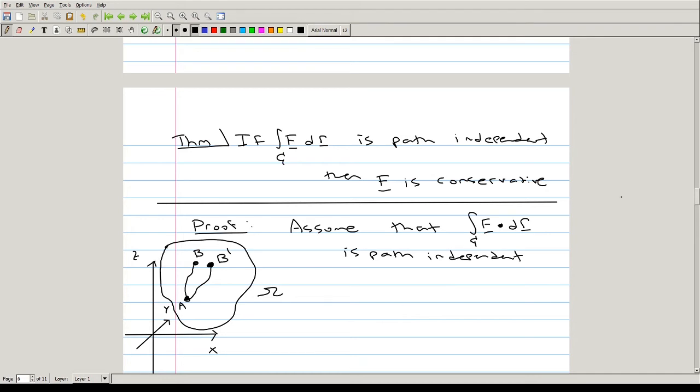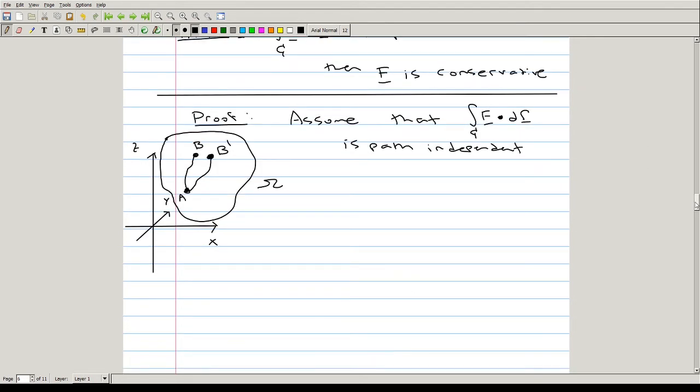And our goal now is to find some phi such that f can be expressed as the gradient of that phi. So this is our goal for this proof.